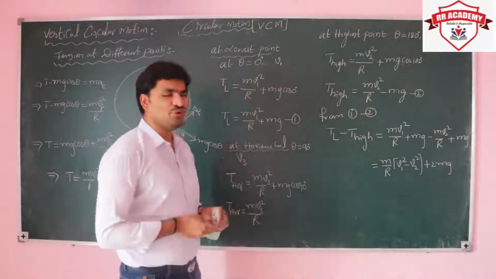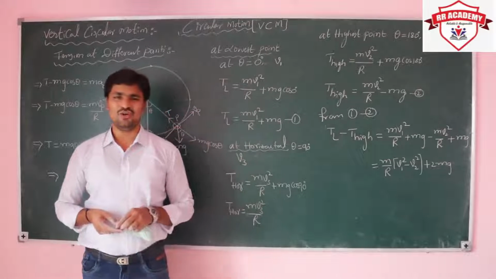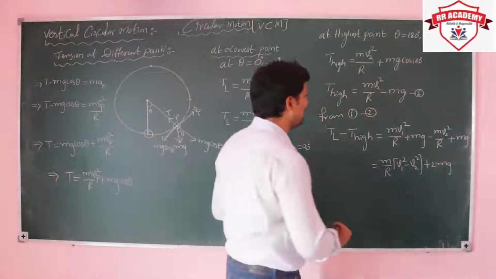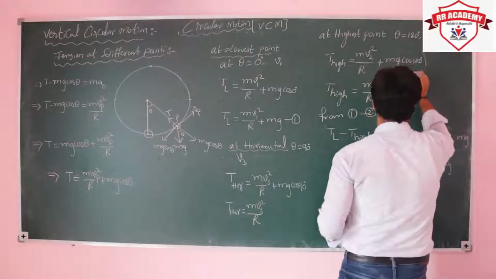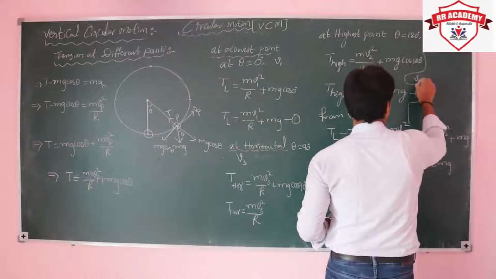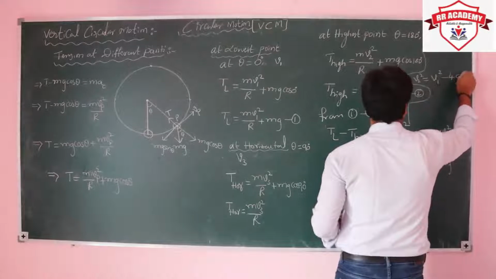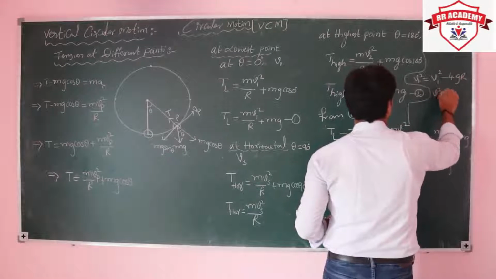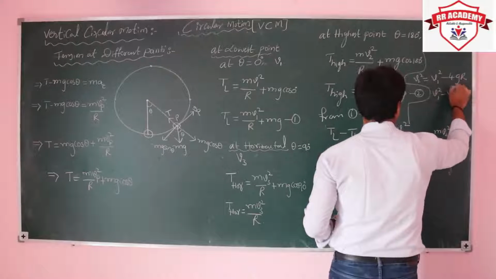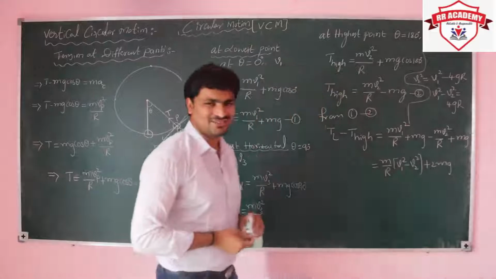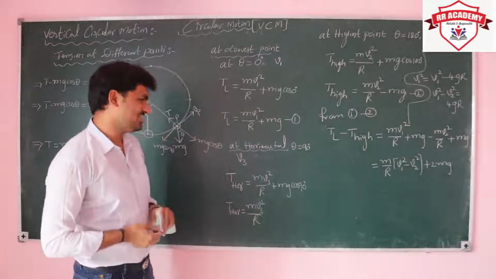What is the value of v1 square minus v2 square? We know that v2 square is equal to v1 square minus 4gr. Then v1 square minus v2 square is equal to 4gr.